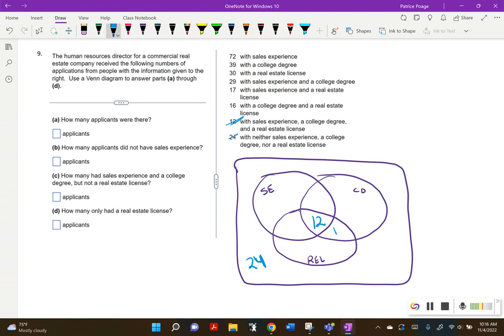And I already have 12 in there, so that leaves 4. 17 with sales experience, so we narrowed it down to these 4, and real estate license, so we narrowed it down to these 2. 17, I already have 12 in there, so that leaves 5.